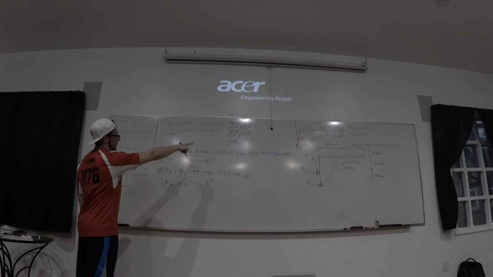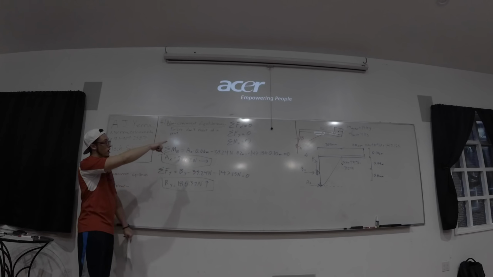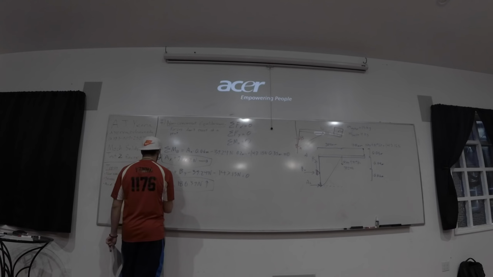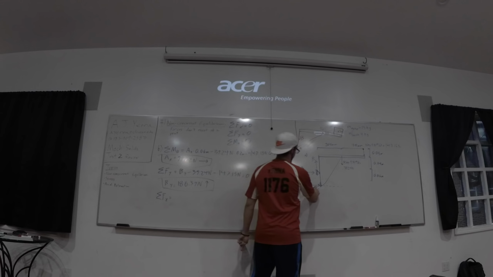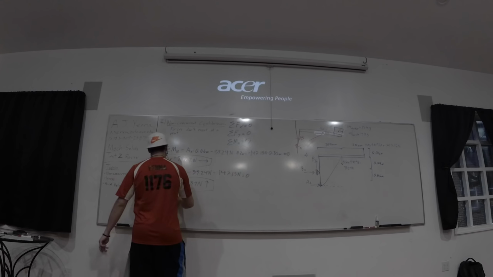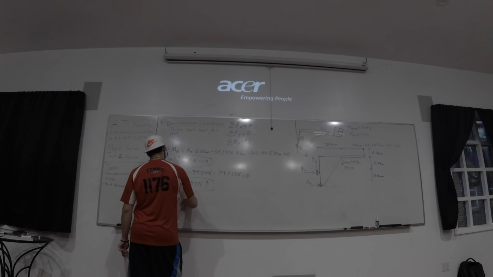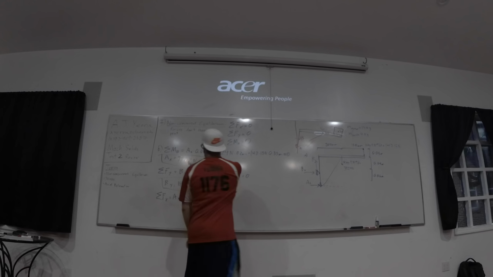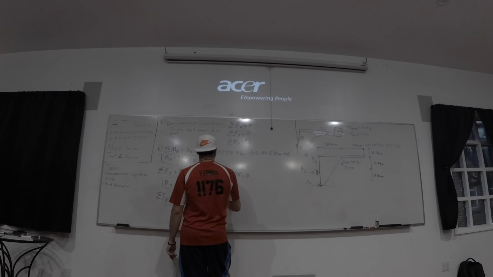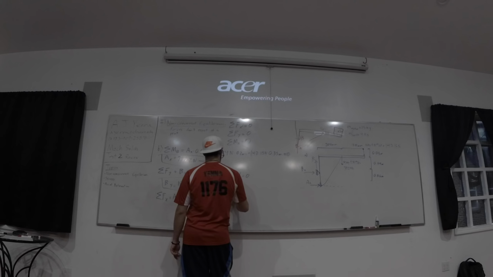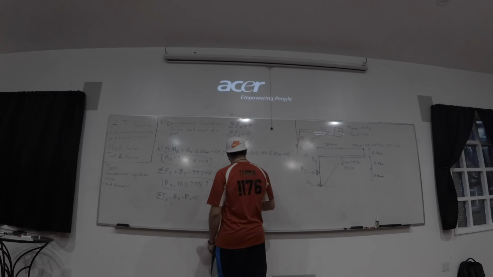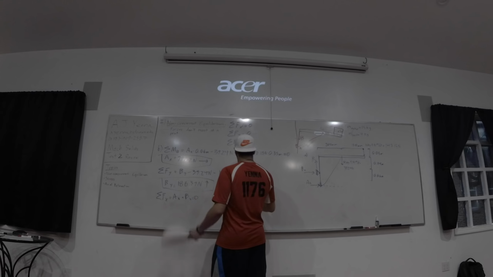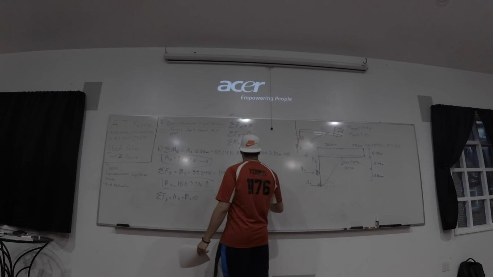And the last equation that we haven't used yet, we used summation of moment. We used summation of Fy, so now we use summation of Fx, which is just Ax plus Bx equals 0. So we already saw for Ax, we know that it's 989.2 newtons, plus Bx equals 0.